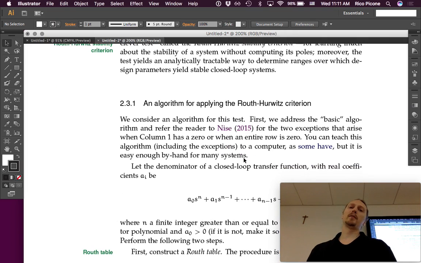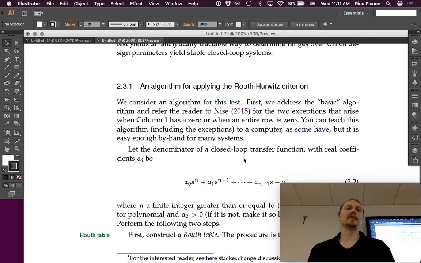An algorithm for applying the Routh-Hurwitz criterion is the next subsection. We consider an algorithm for this test. First, we address the basic algorithm and refer the reader to the Nise textbook for the two exceptions that arise when column 1, or an entire row of this table that we're going to build, is 0. We're going to find out what that means. These do arise.